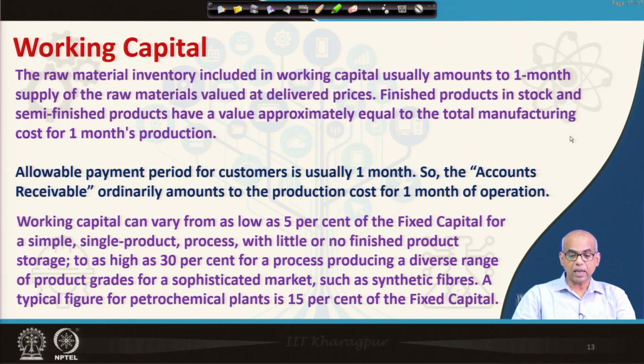And working capital can go as high as 30% of the fixed capital for a process producing a diverse range of product grades for a sophisticated market such as synthetic fibers. However, a typical figure for a petrochemical plant is 15% of the fixed capital.